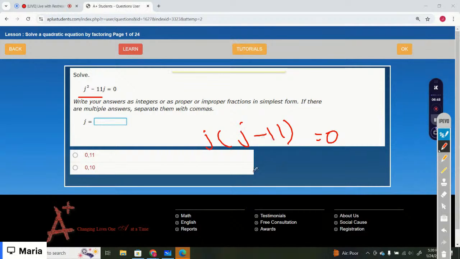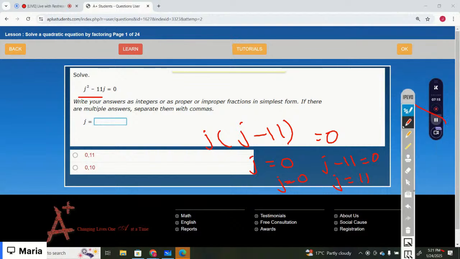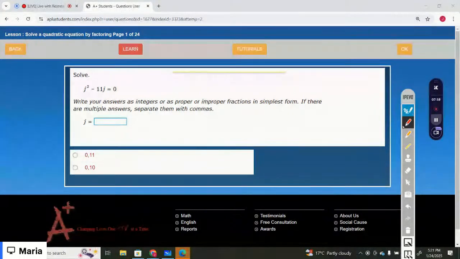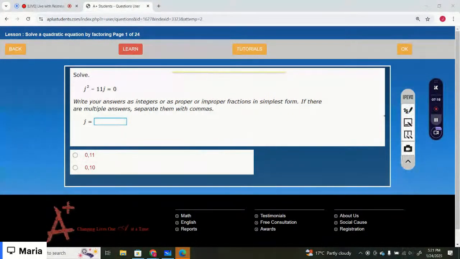So according to the zero product property, j equals 0 or j minus 11 equals 0. So that is j equals 0 and j equals 11. The correct option is option number 1. They are 0 and 11.